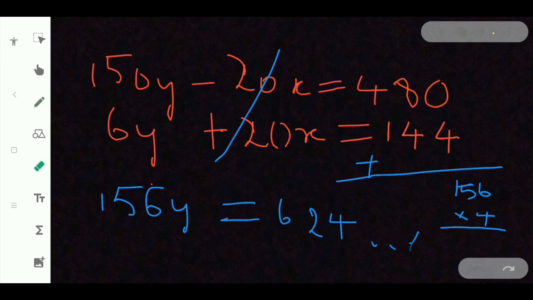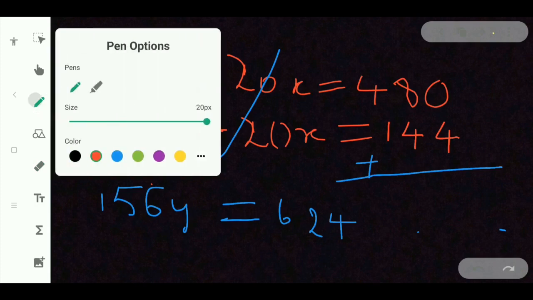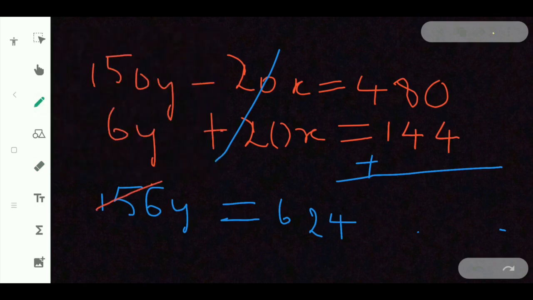So we are getting 624. So it is cancelling. 156 into 4 is 624. So our y is going to be 4.